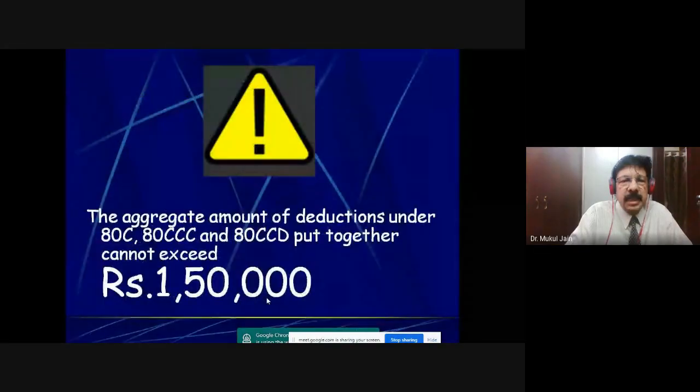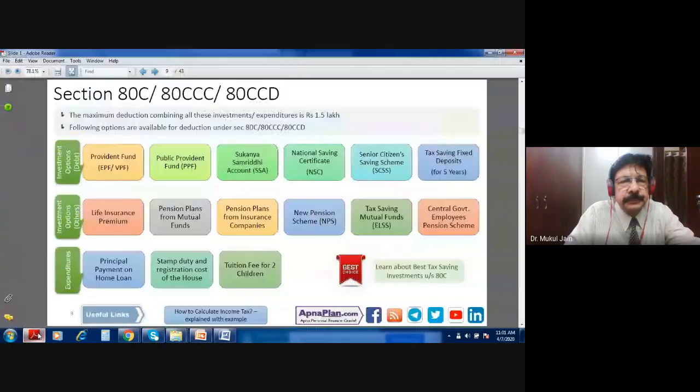Right? So now let us see it through my other presentation. Altogether you can see these sections 80C, 80CCC, 80CCD. Here we are also writing that the maximum deduction combining all these investments or expenditure is rupees 1.5 lakh only.